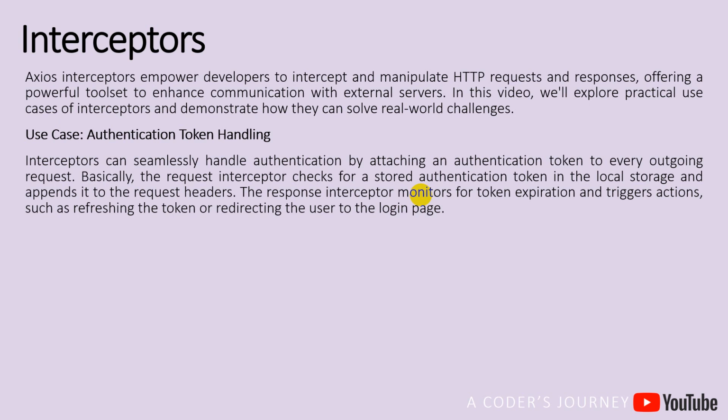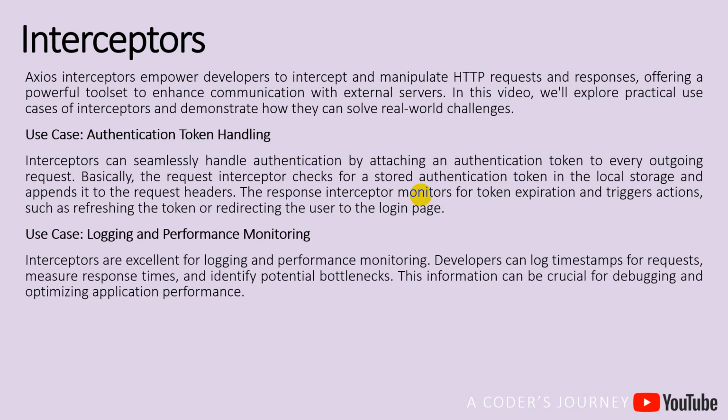If you are not familiar with these concepts, I think it is better to go over my other series on my YouTube channel. So the response interceptor monitors for token expiration and triggers actions such as, for example, refreshing the token or redirecting the user to the login page. So basically with request interceptors and response interceptors, you can handle authentication tokens.